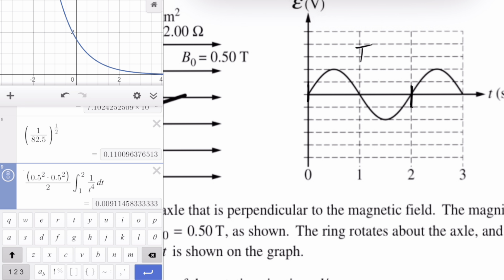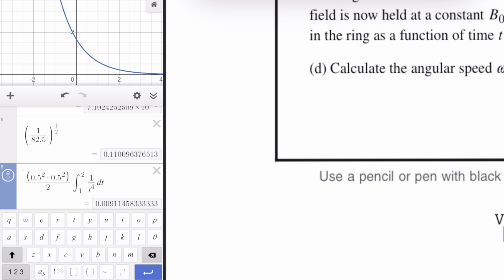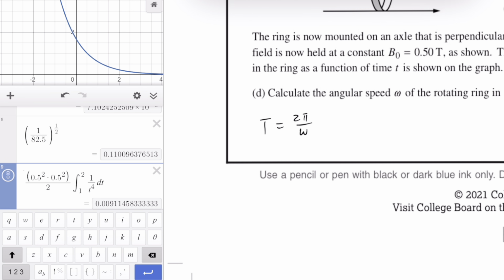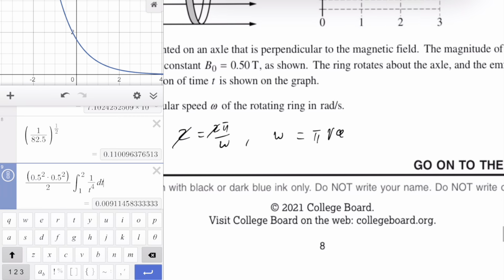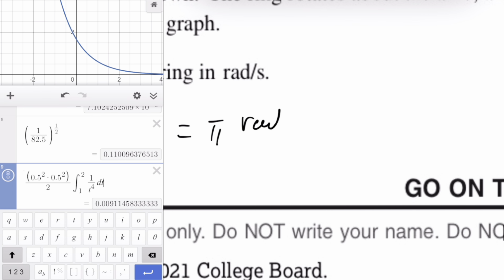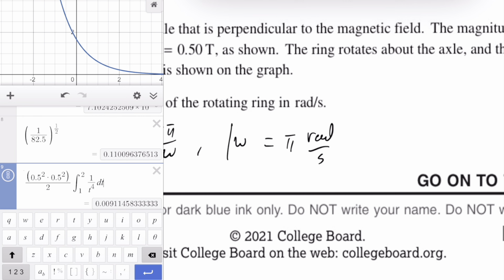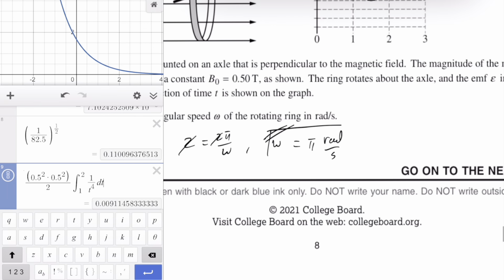There's the period of oscillation, that's the time for one oscillation. Whenever you have oscillatory motion, or circular motion, harmonic motion, that's what T is. And I see from the graph T is 2 seconds, so I'll say 2 equals 2 pi over w. I'll cancel the 2's, multiply w to the other side, and realize, hey, w is pi rad per second. That's pretty neat. Bam, done.